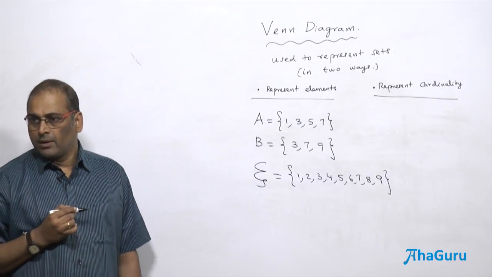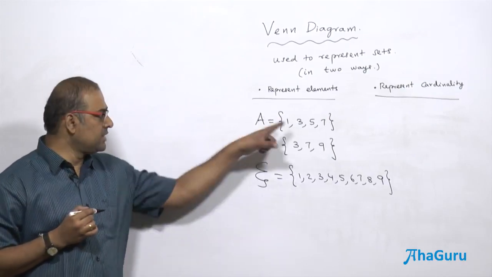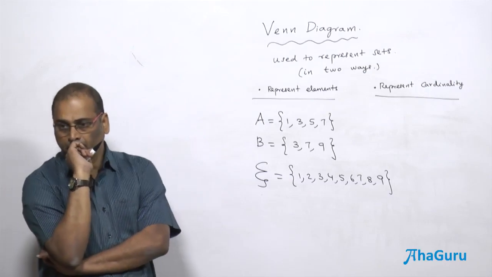One to 9, the first 9 natural numbers. So my A set is 1, 3, 5, 7, and B set is 3, 7, 9.